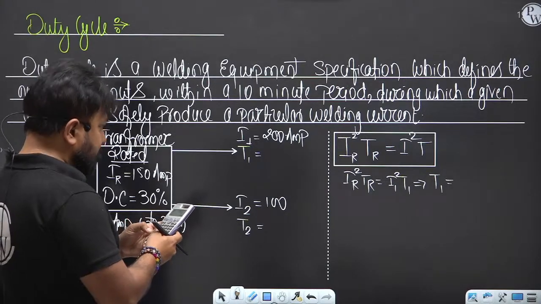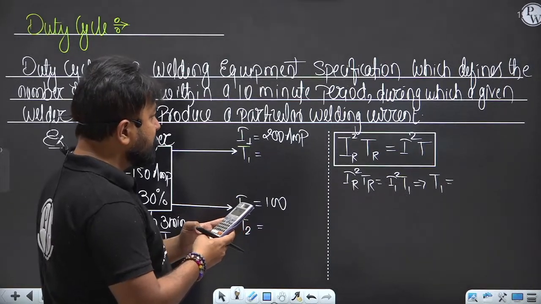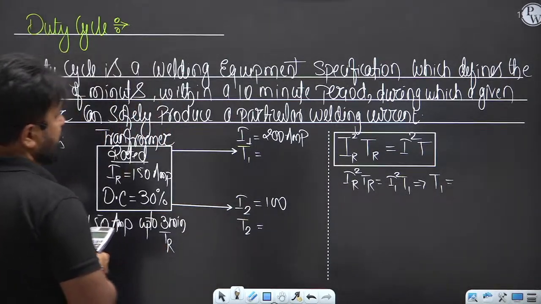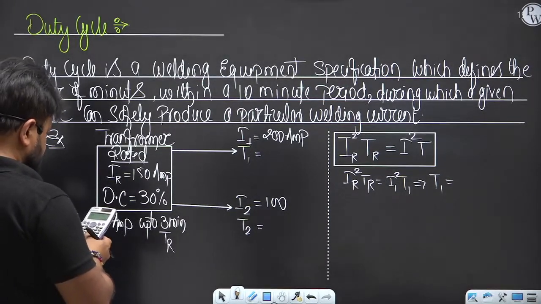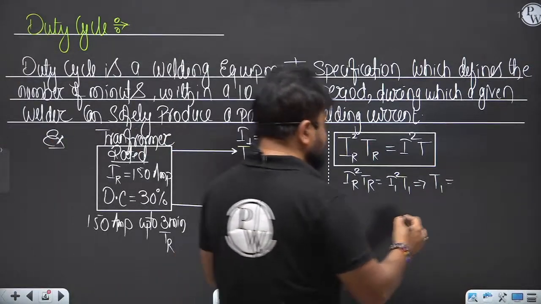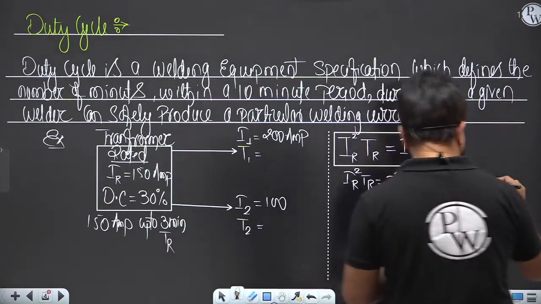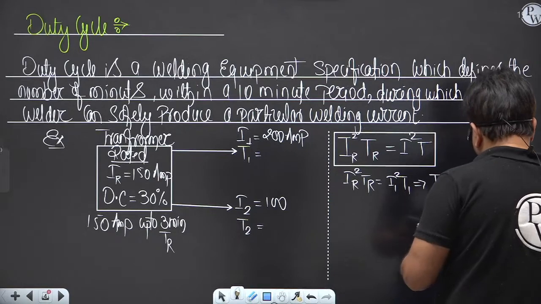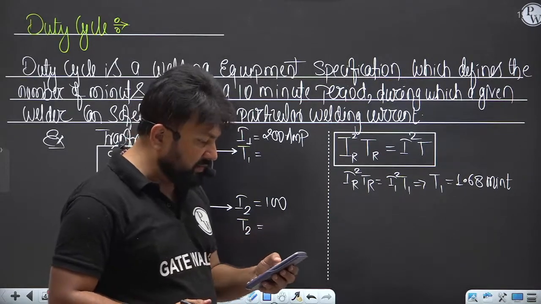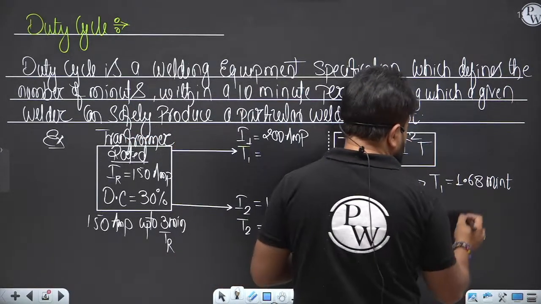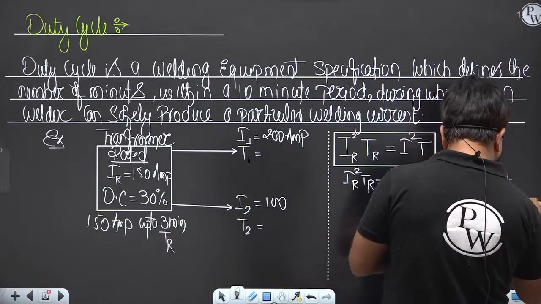So 150 divided by 200, squared, into 3 gives 1.68 minute. The duty cycle will be 0.56.